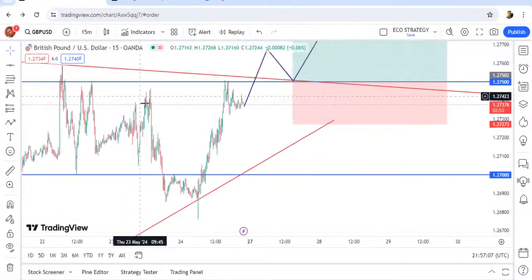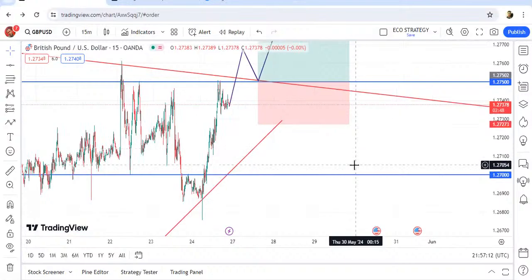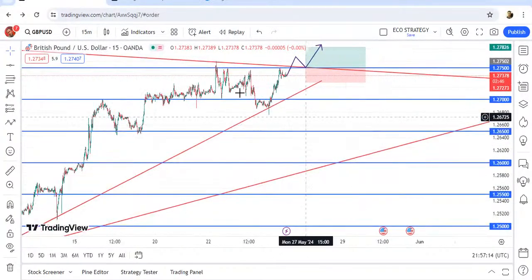Euro USD. All right, so what did you see on Euro USD?